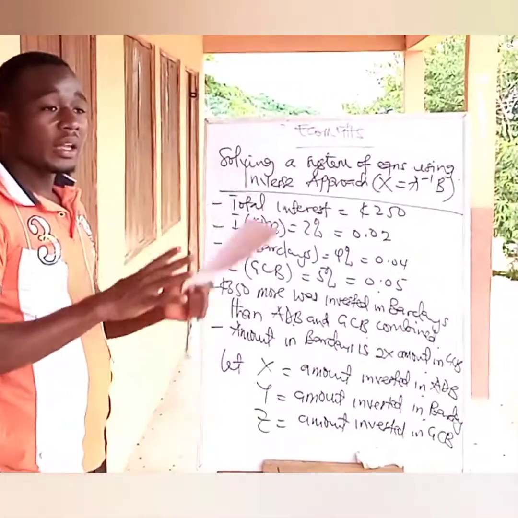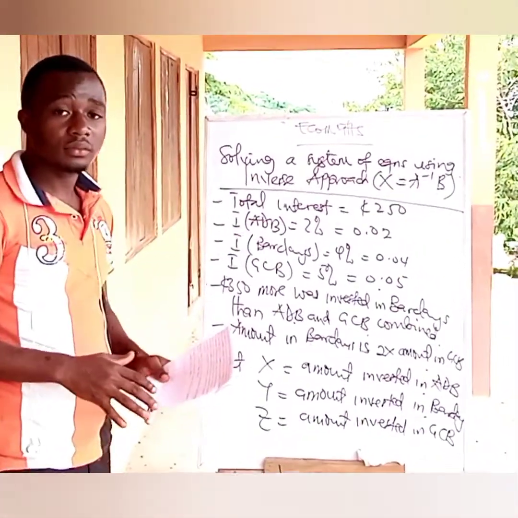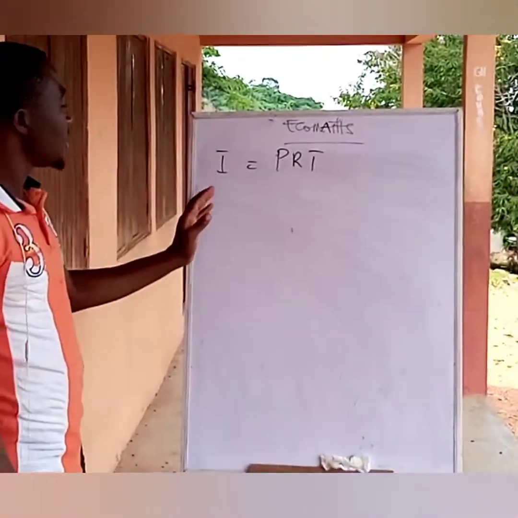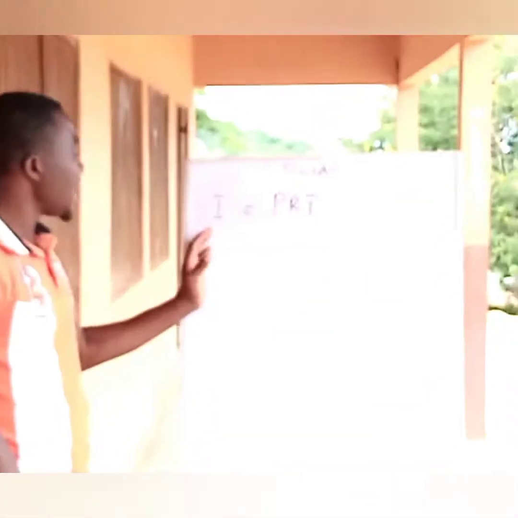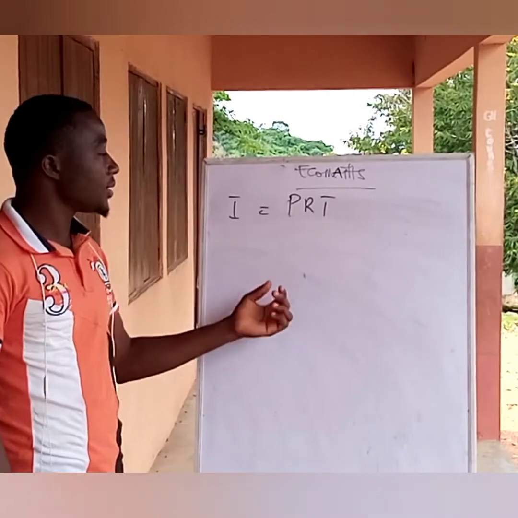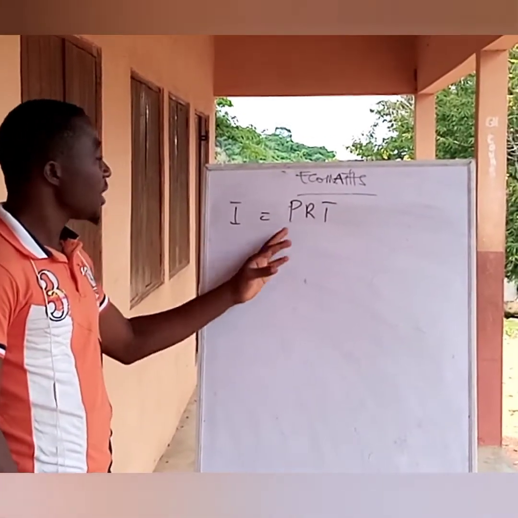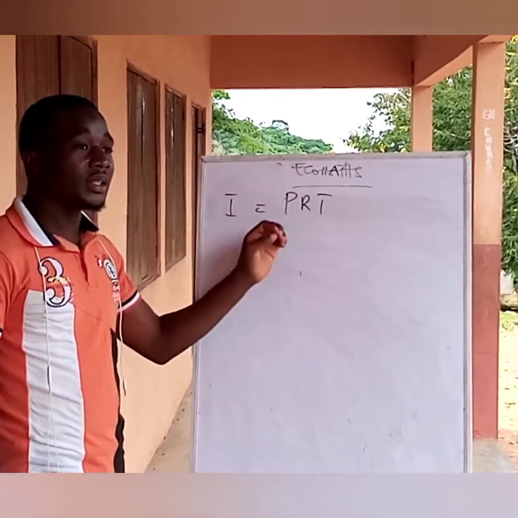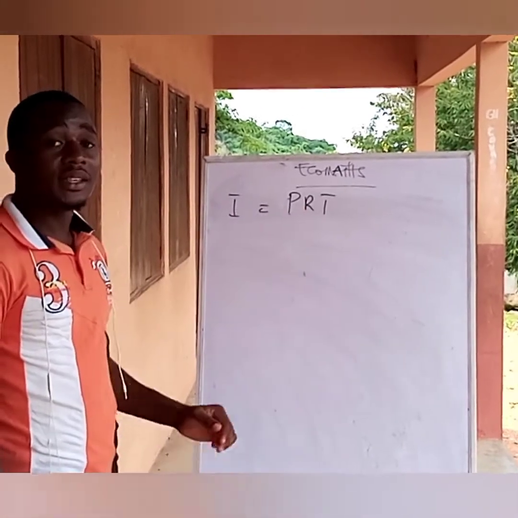So with this, we now know the variables, so we can use whatever they have given us to find our equations. We also know that for simple interest, the formula is I equal to PRT, where I is the interest, P is the principal, R is the interest rate, and T is the time period.